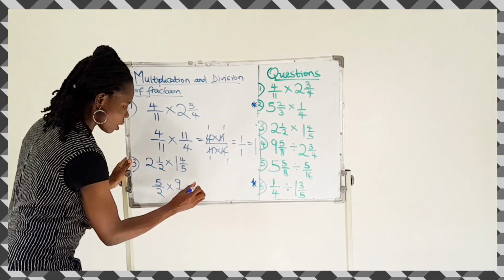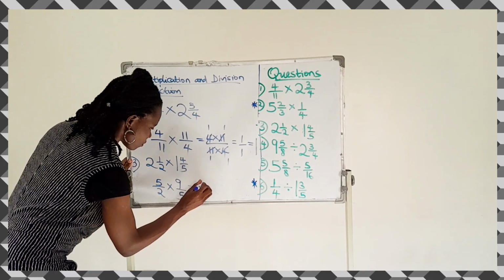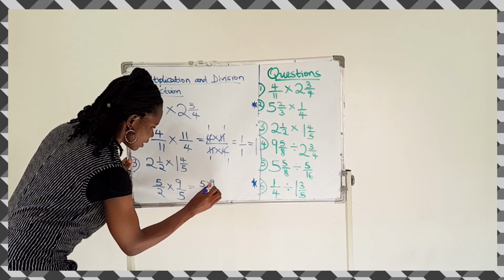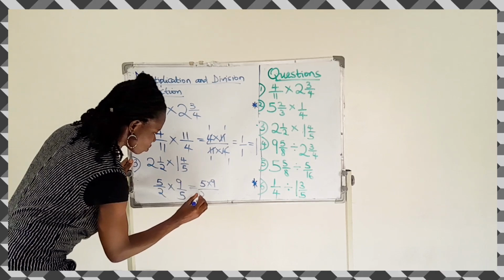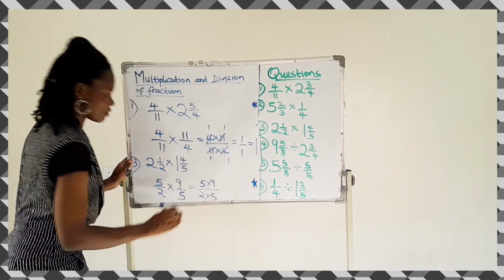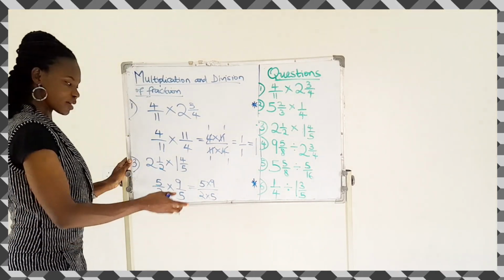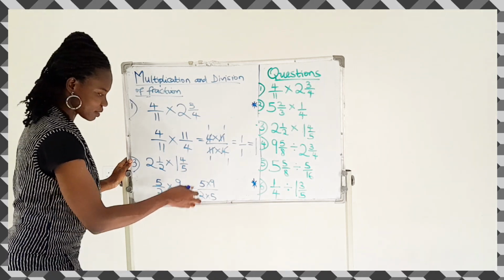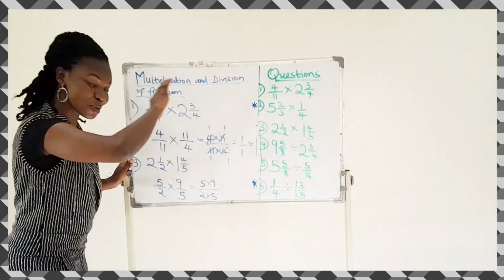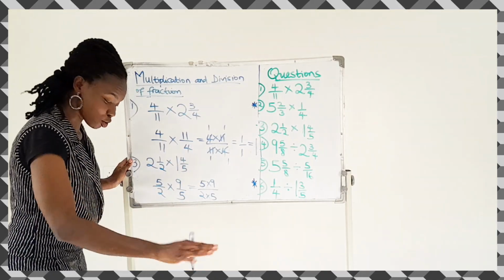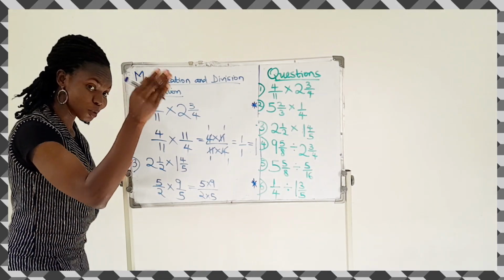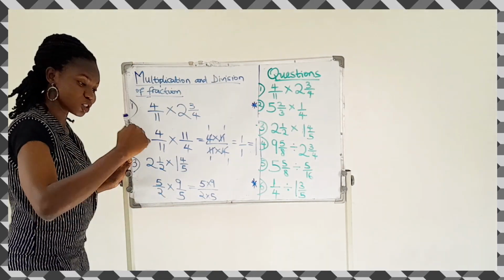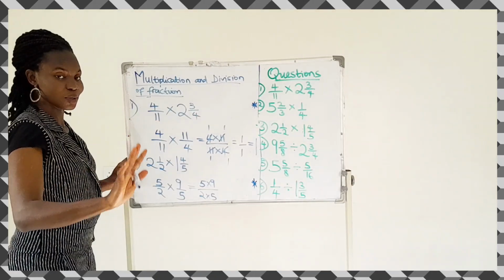So we multiply out the numerators. 5 times 9 over 2 times 5. We now check, is there anything that can divide? Yes. Remember, only a numerator can divide a denominator, not denominator and denominator, or numerator and numerator. Numerator and denominator, denominator and numerator, that's how you can divide.